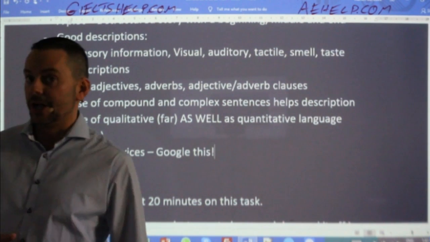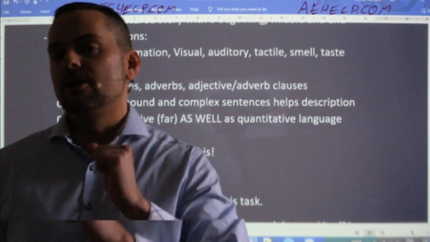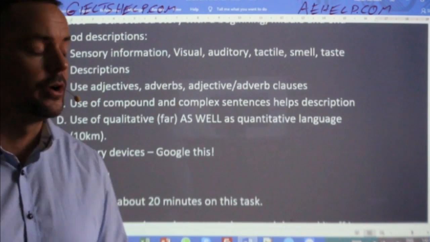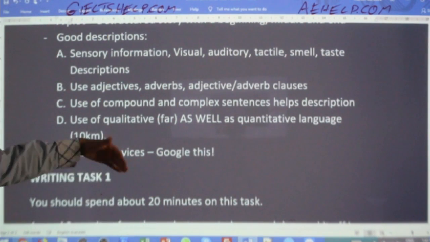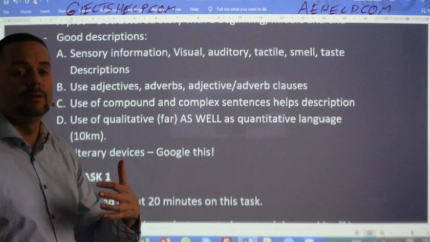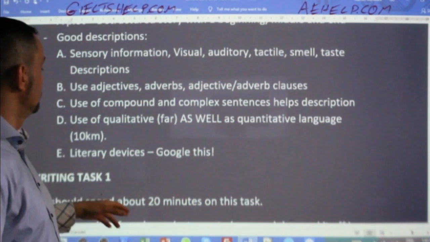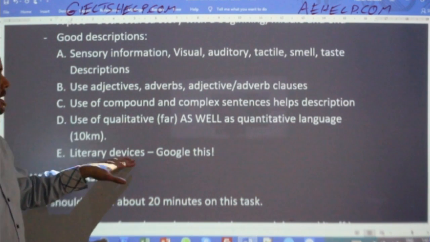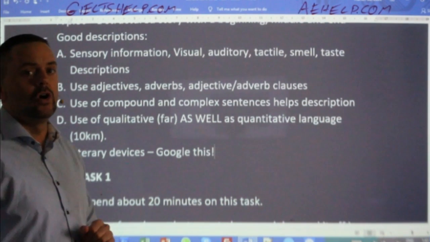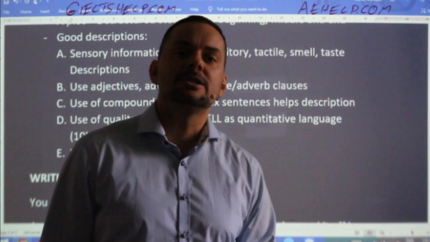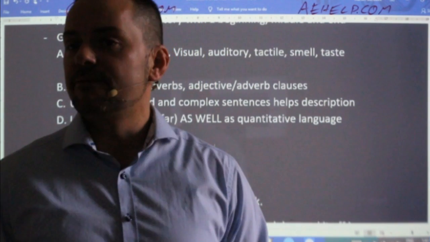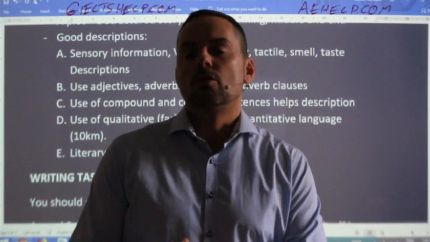I will not get into that this class because that's hours and hours of lesson. But there are literary devices, and if you want to get very fancy and you need a band 8 or a band 9, it's worth looking at what's called literary devices, like onomatopoeias, hyperboles, metaphors, similes, so all of those.